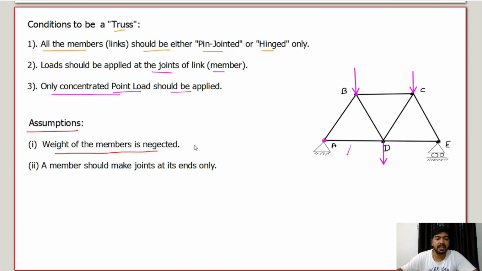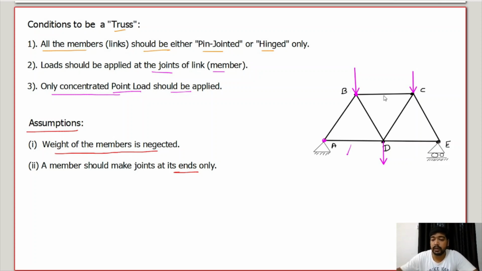So our assumption is that कि जो भी इनके masses हैं, that should be very less or no mass, right? So let's move to the second assumption. Second assumption क्या बोलता है? A member should be joined at the ends. ठीक है? Second assumption ये बोलता है कि आपके जो भी member, आपका member AB है, BC है, BD है, तो they have the second member. ठीक है?